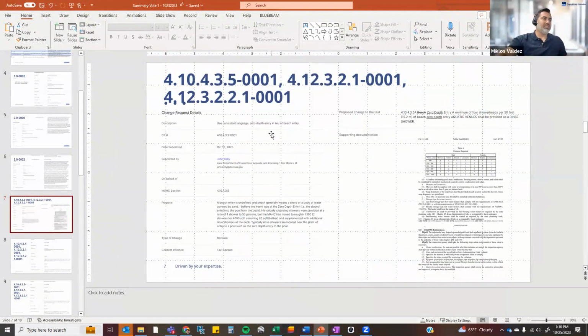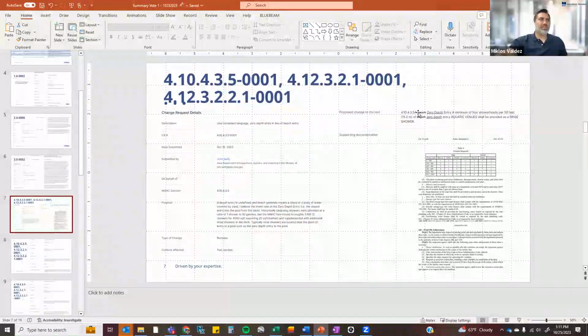So using zero depth entry in lieu of beach entry. I did a little bit of research. It looks like it is very valid. Zero depth entry is the defined term in our definition area.